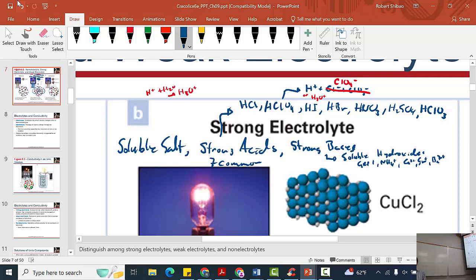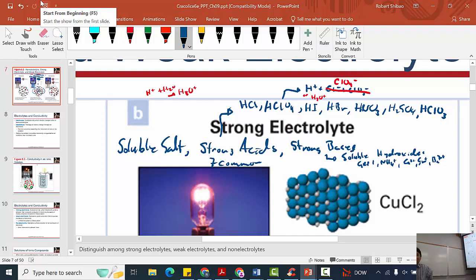So sodium is what? Group 1? Sodium is group 1. So sodium hydroxide, soluble or insoluble? It's soluble.